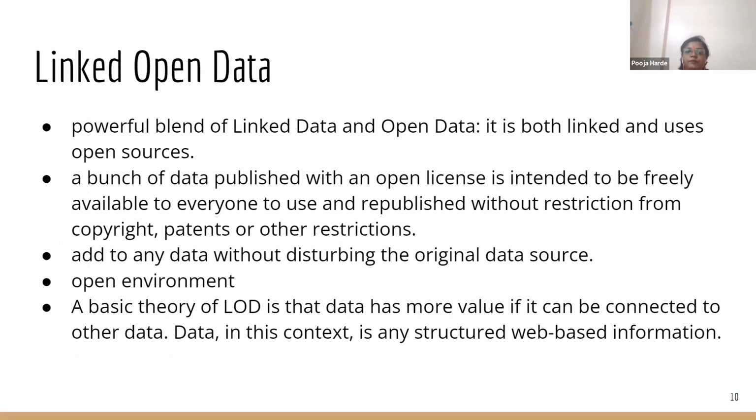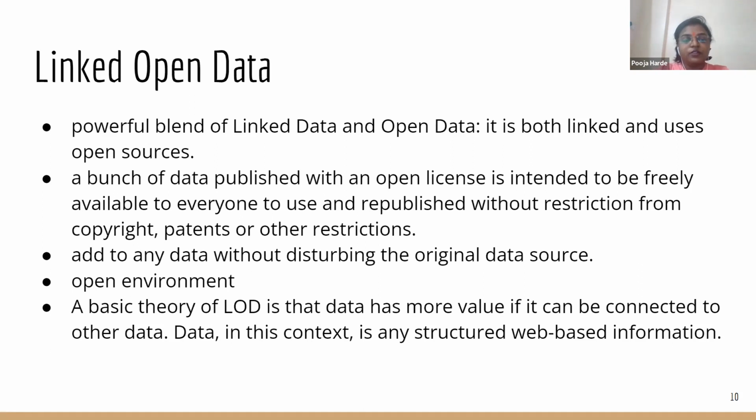There are different ways to publish this linked data. When we say it is open data, it must have an open license, which means it is freely available to everyone, and it can be republished without any restrictions, whether copyright, patent, or other restrictions.